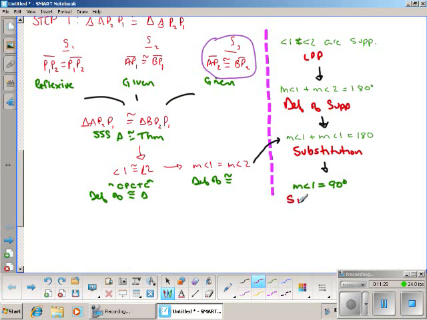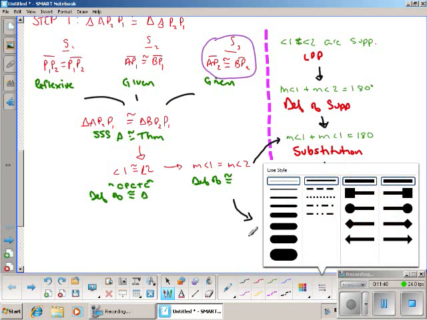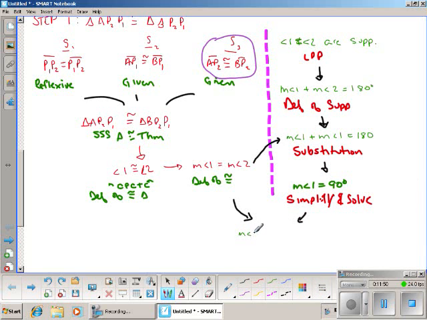Okay, so if measure of angle 1 is 90 degrees, if I combine some ideas here, I can certainly claim that the measurement of angle 1 equals 90 degrees, and the measurement of angle 2 equals 90 degrees. And the way I'm doing this, again, if you trace the arrows, is because I'm basically doing a substitution.